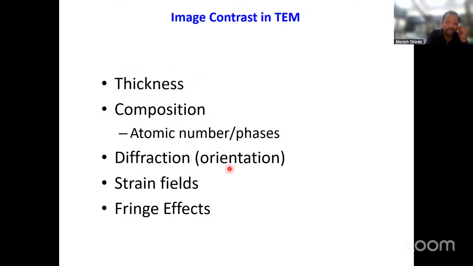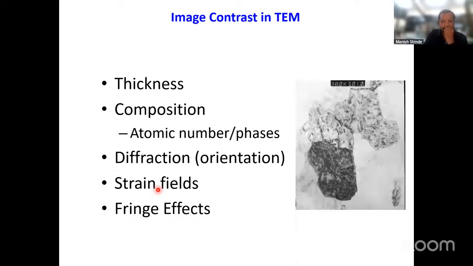There can be different diffraction or orientation contrast. If your sample has got some strain, some stress in the sample, that also generates contrast. So you have to be very careful while analyzing the TEM data as compared to the SEM data. This TEM data contains more information, so you have to be very careful while analyzing it.